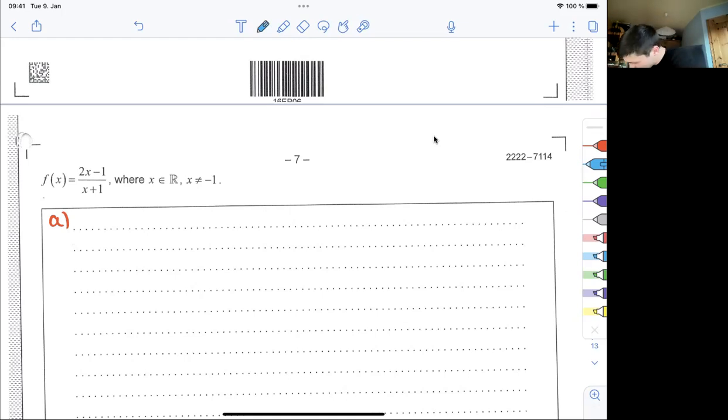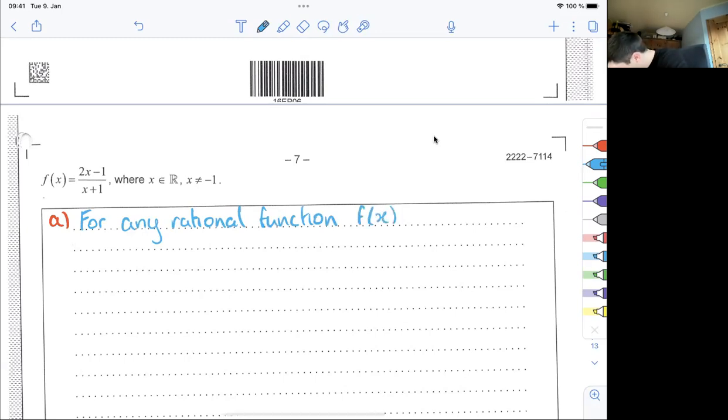So for any rational function, f(x) is equal to, I think I just copied here, yes, (ax plus b) over (cx plus d).